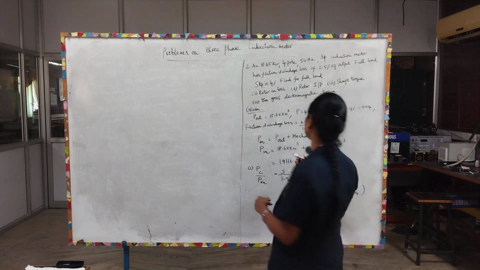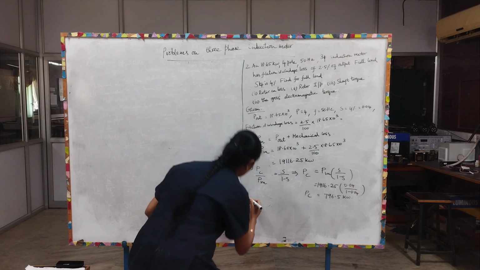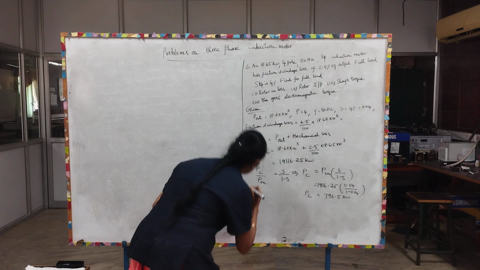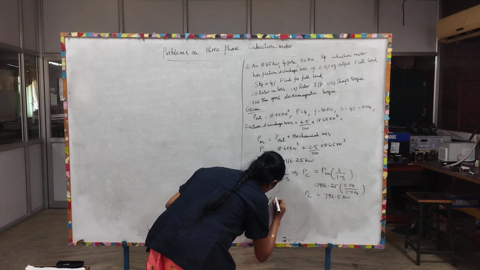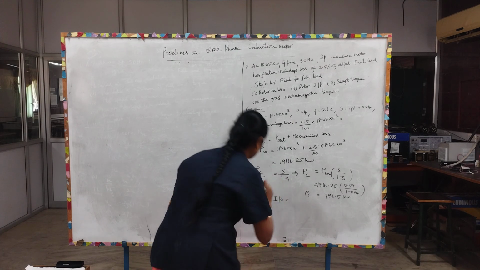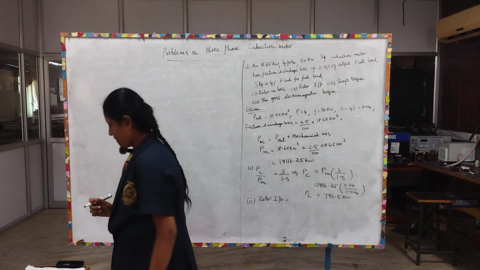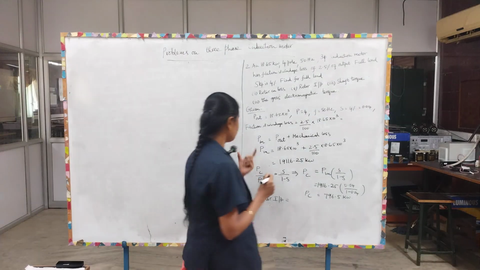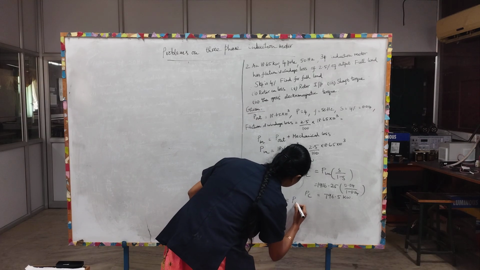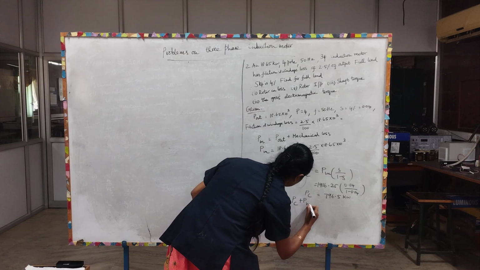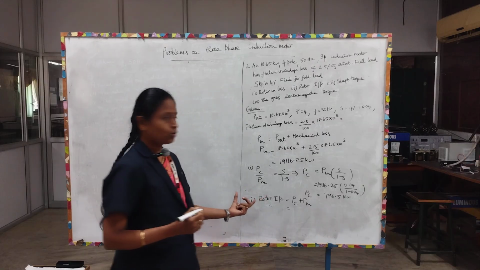Now we have to calculate rotor input. So the second one is rotor input, which is equal to the sum of PC, the rotor copper loss, plus the mechanical power developed. So PC plus PM will give you the rotor input.